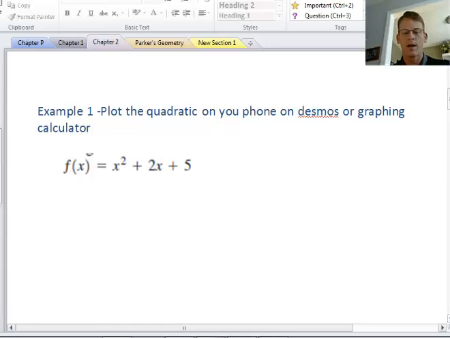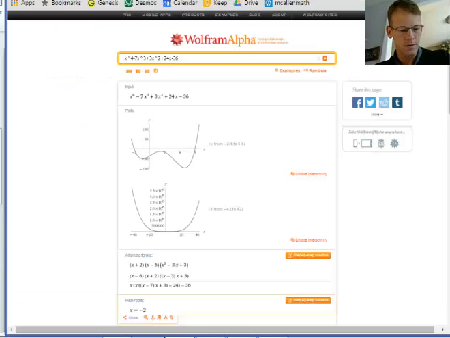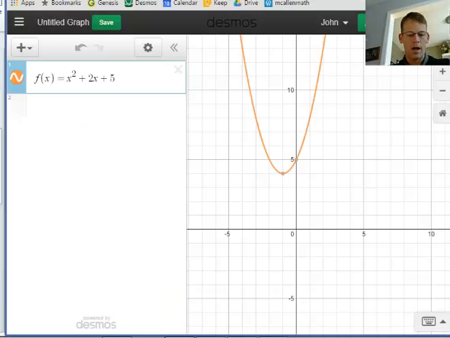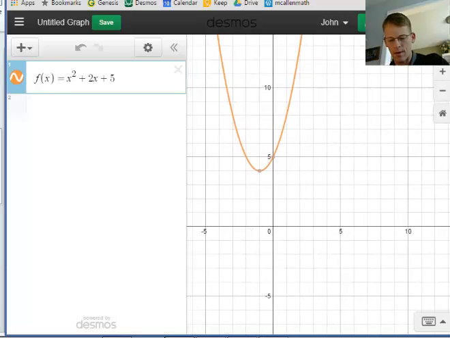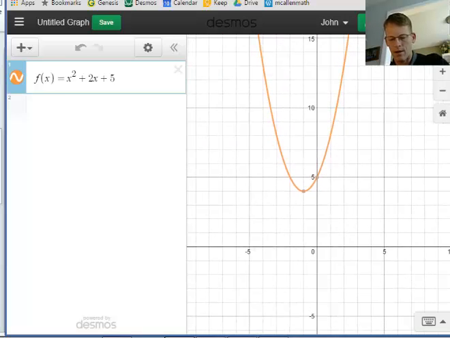All I have planned for this problem is I first plotted it on Desmos to show you that if you plot the polynomial x squared plus 2x plus 5, the quadratic, or the parabola, is not going to cross the x-axis. As you can see, the curve is well above the x-axis.